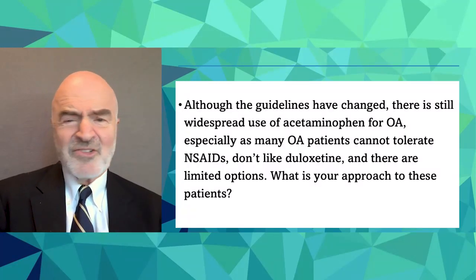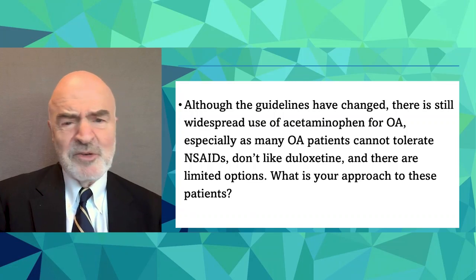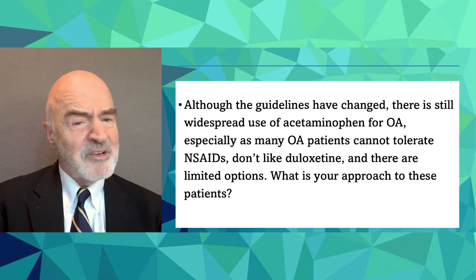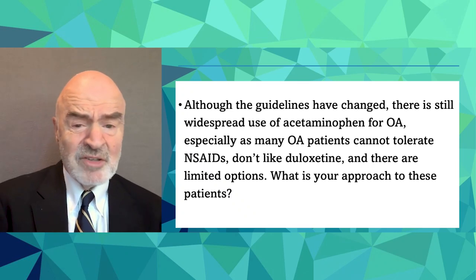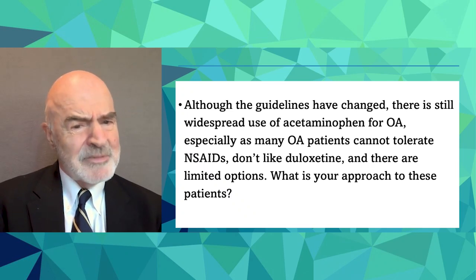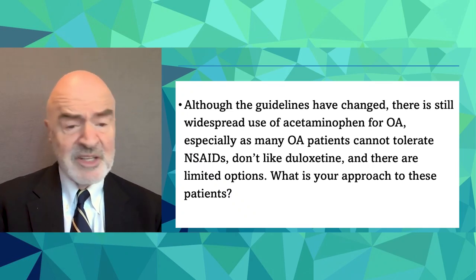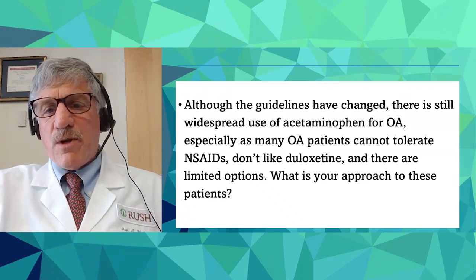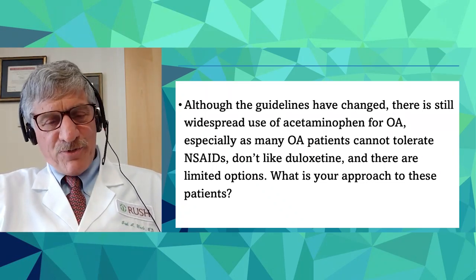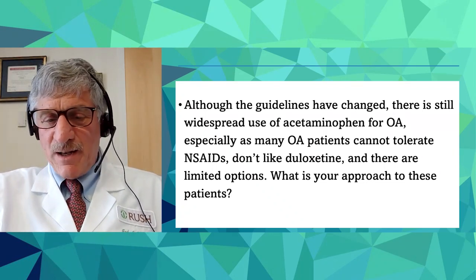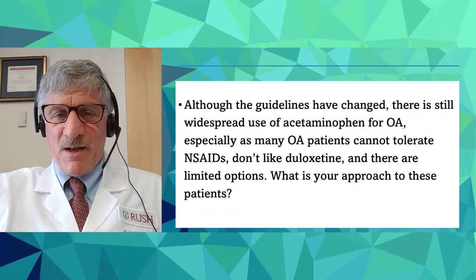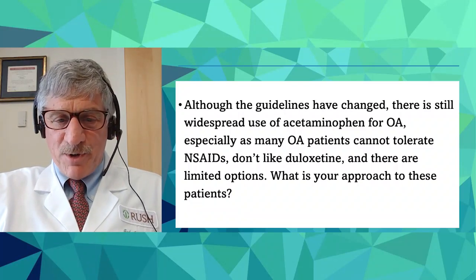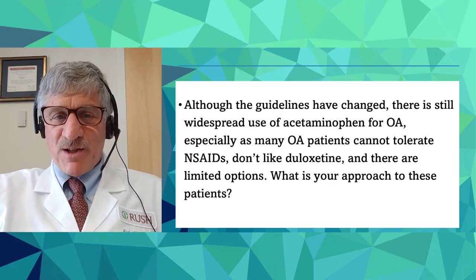Although the guidelines have changed, there's still very widespread use of acetaminophen for osteoarthritis, especially as many OA patients can't tolerate NSAIDs or don't like duloxetine, and there are really limited options. What's your approach for these patients? Okay, so it's really tough, and as I said, pain across the rheumatic diseases remains a really significant unmet need. So I don't have a miracle approach for everybody. I wish I did.